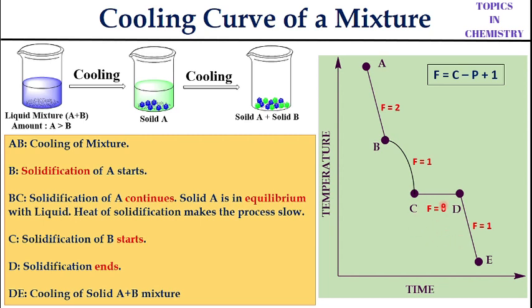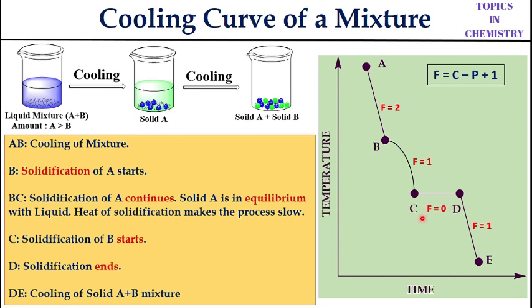Now you can see through the CD line F is equal to 0. So it is a non-variant system. Non-variant system means that when solid A and B are both in equilibrium with liquid, they are not dependent on any variables.